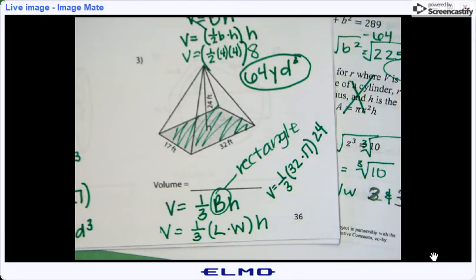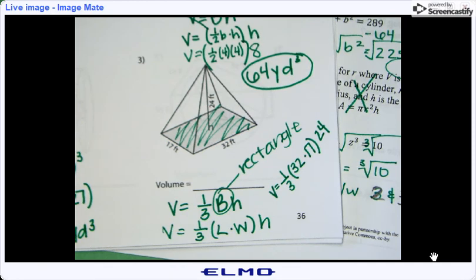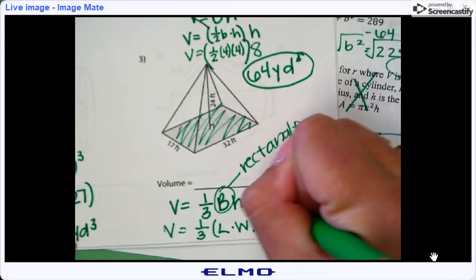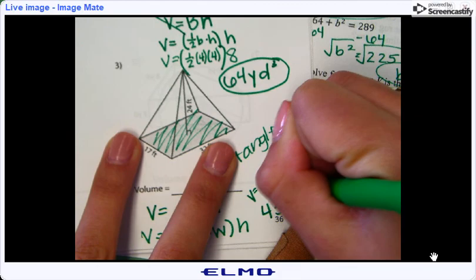And now I can just type that all in my calculator. So I'm going to do 1/3 times 32 times 17 times 24. And I should get 4,352 feet cubed.